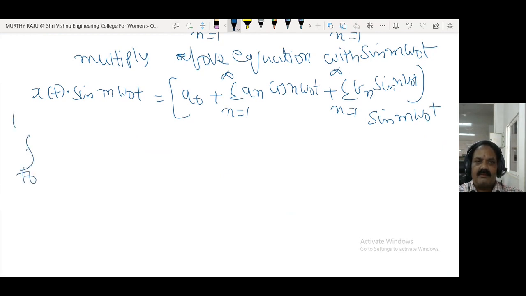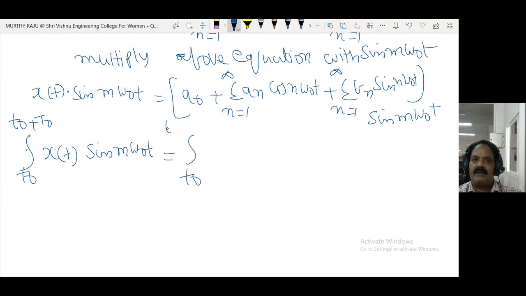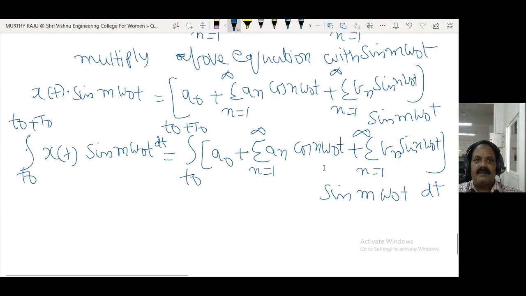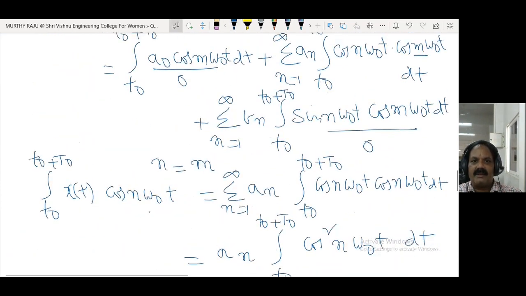The integral of x of t sin m omega naught t is equal to the integral of this entire expression, a0 plus sigma n is equal to 1 to infinity an cos n omega naught t plus sigma n is equal to 1 to infinity bn sin n omega naught t, into sin m omega naught t. Here dt is important.